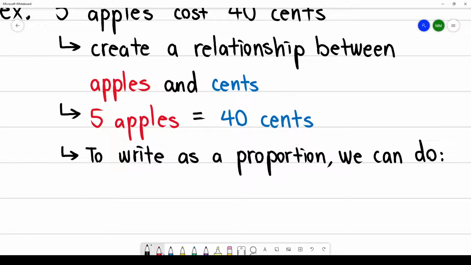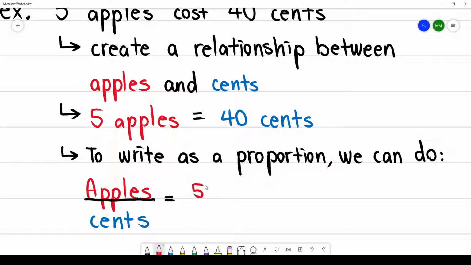Apples over cents, so money in this case, is equal to 5 over 40.